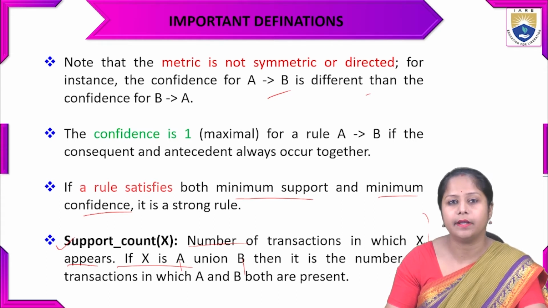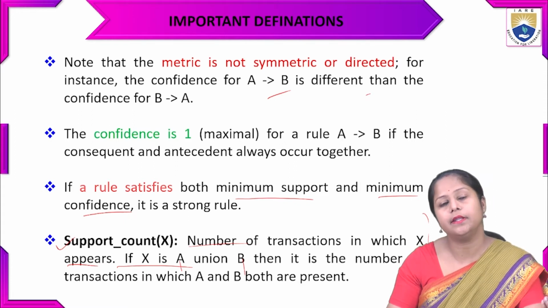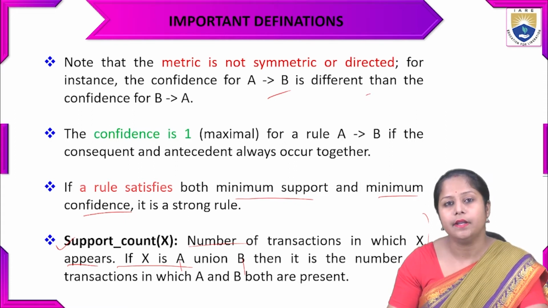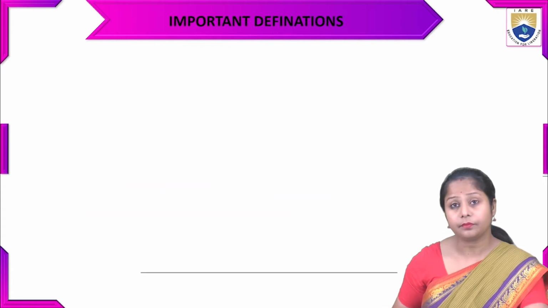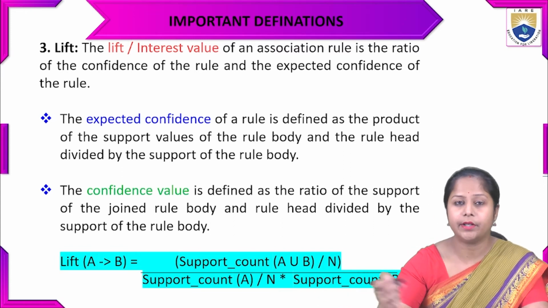So there will be the number of transactions in which one item set is there and the other is also there in the set. So here we have completed confidence.